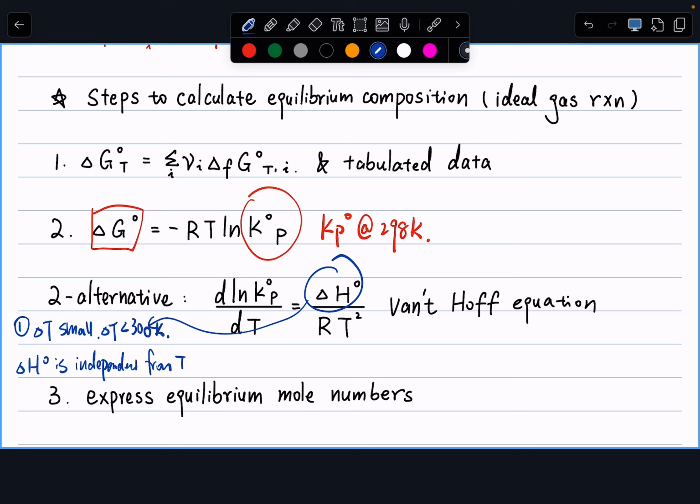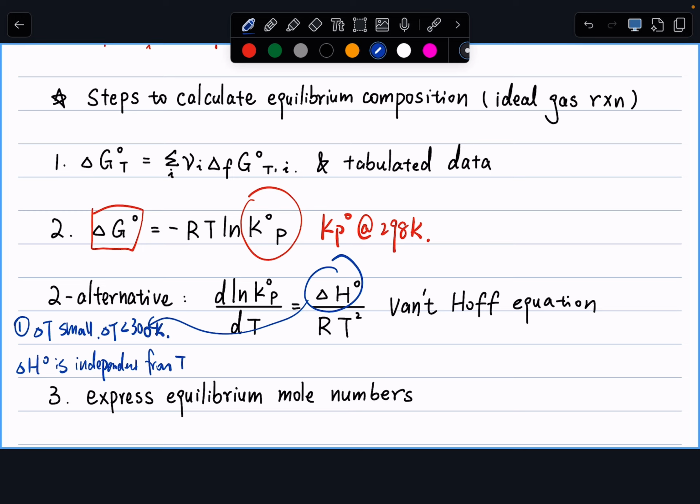We have d ln Kp equals delta H naught over RT squared dT. Integration on both sides equals the integration of delta H naught over RT squared dT.